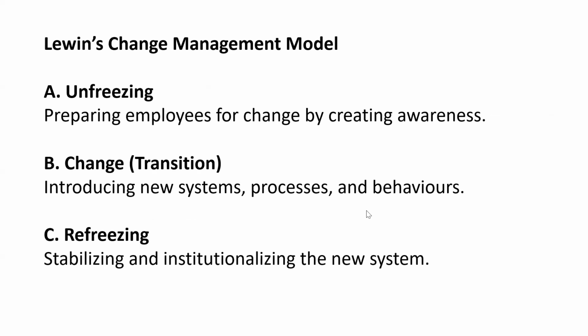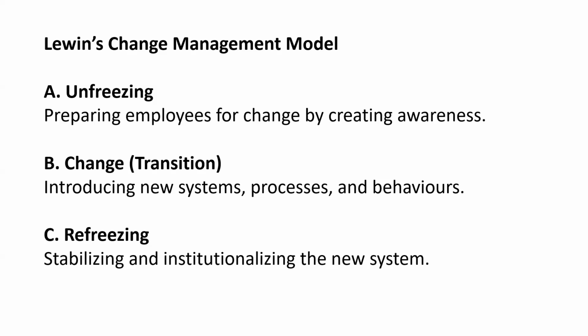We have Lewin's change management model. The first point is that you unfreeze all the things that they are doing. Unfreezing means that you're preparing your employees for the change by creating awareness. So you make sure that, look, we are going to do some changing. That is what the model is saying. So unfreeze, then you transition, and then you refreeze. Unfreeze means preparing the minds of the employees.